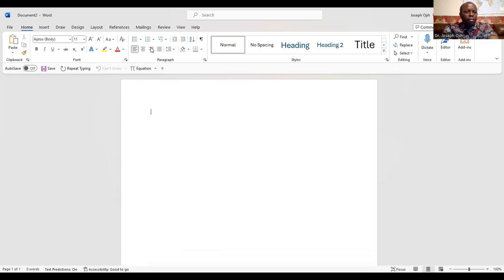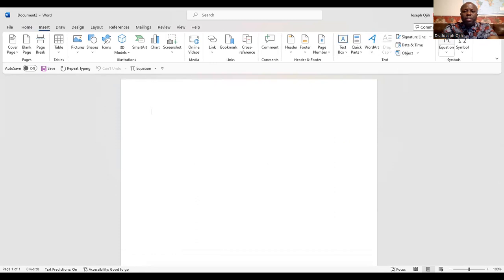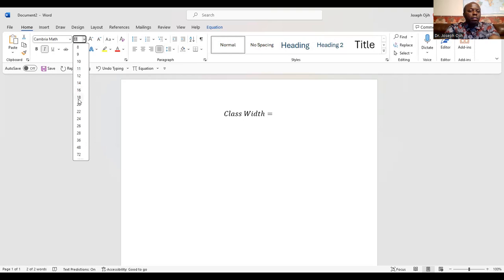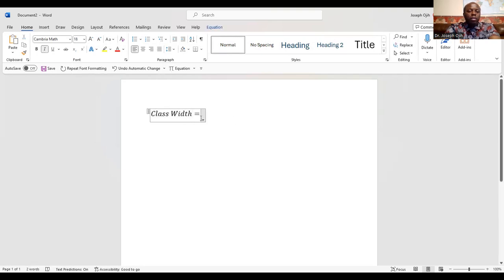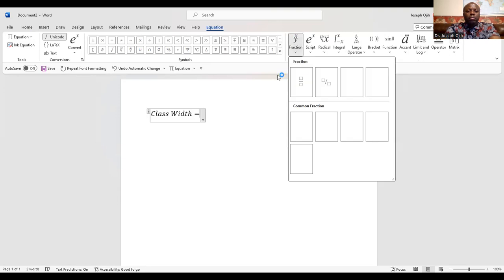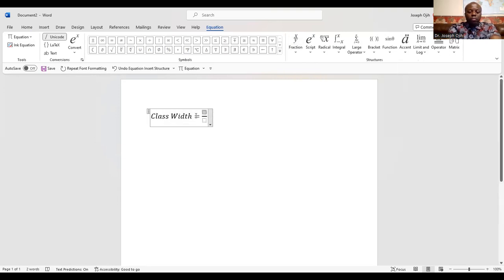Class width will be maximum minus minimum, divided by number of classes.